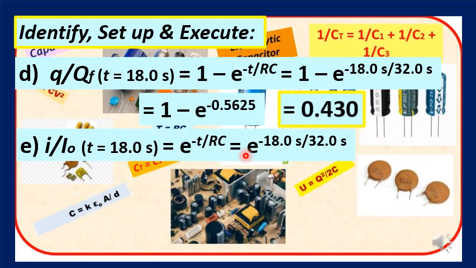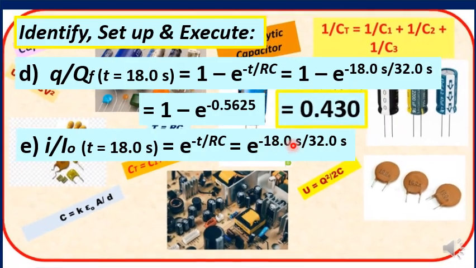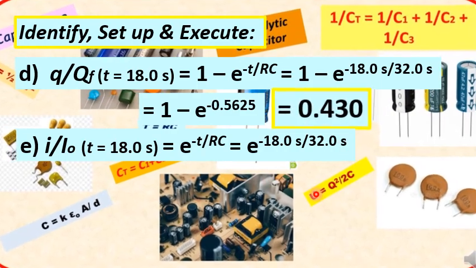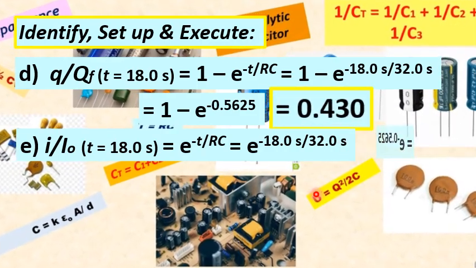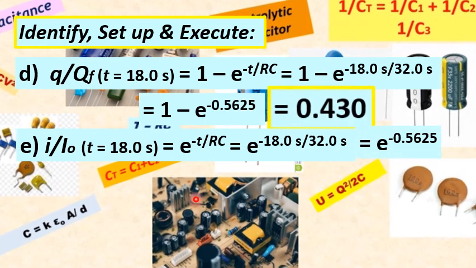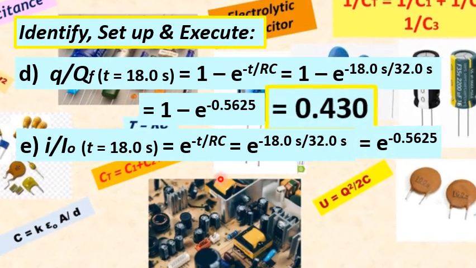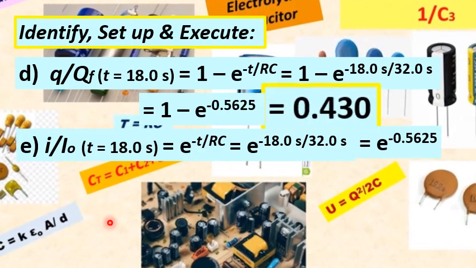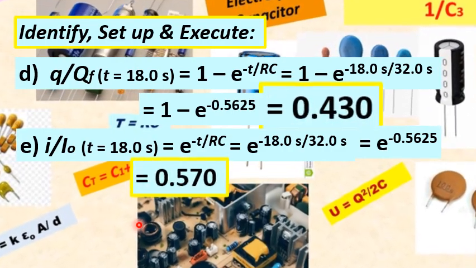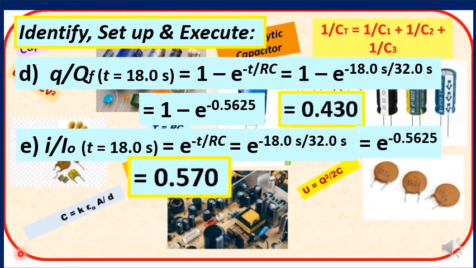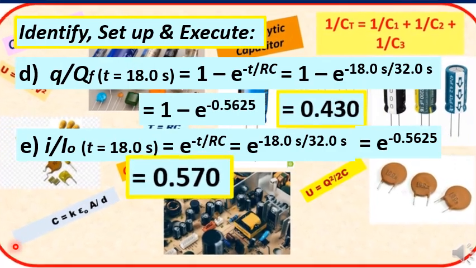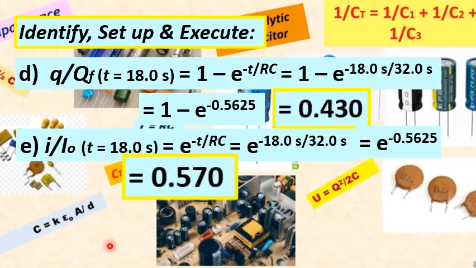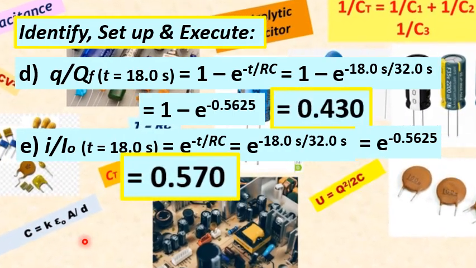Substituting, that's Euler's number raised to negative 18.0 seconds over 32.0 seconds. And simplifying, we will get Euler's number raised to the power negative 0.5625. So our final answer for the fraction of the current small letter i over I0 equals 0.570.